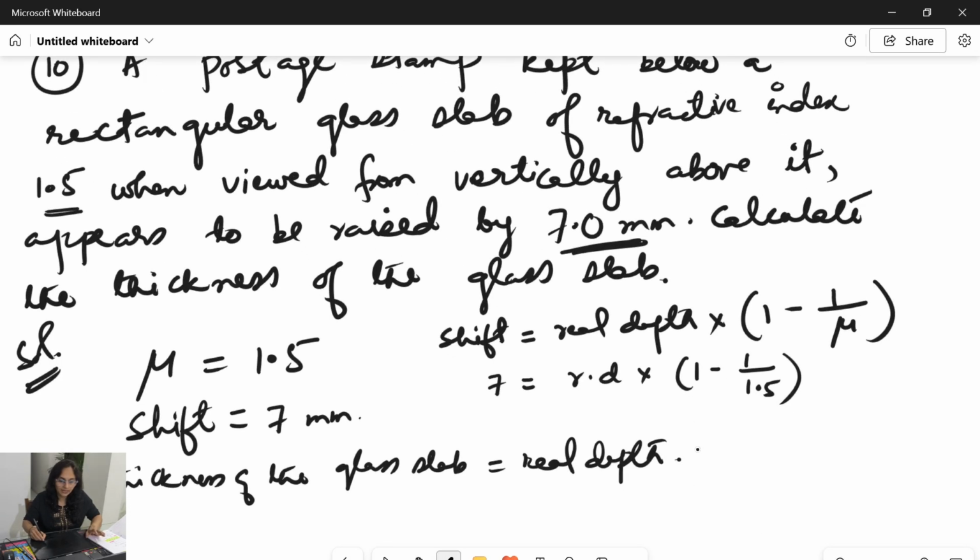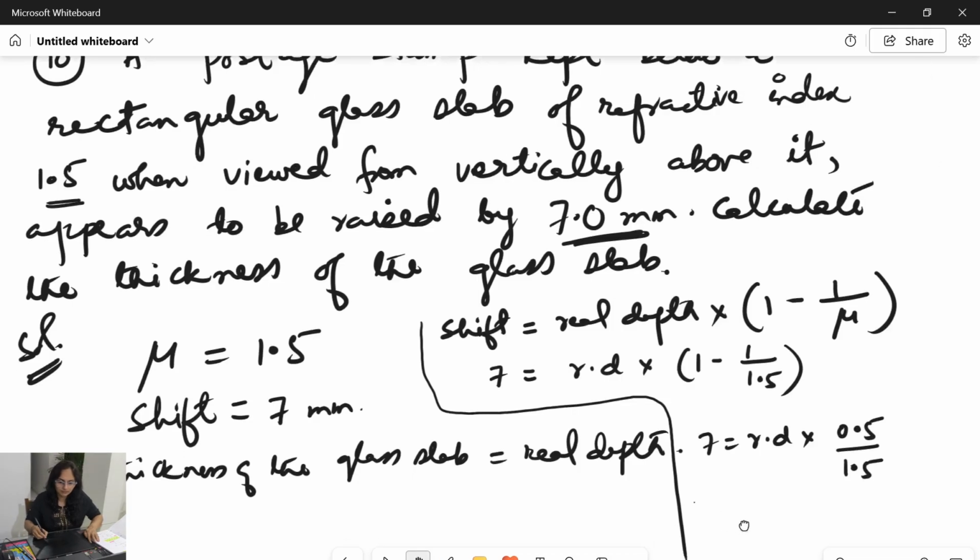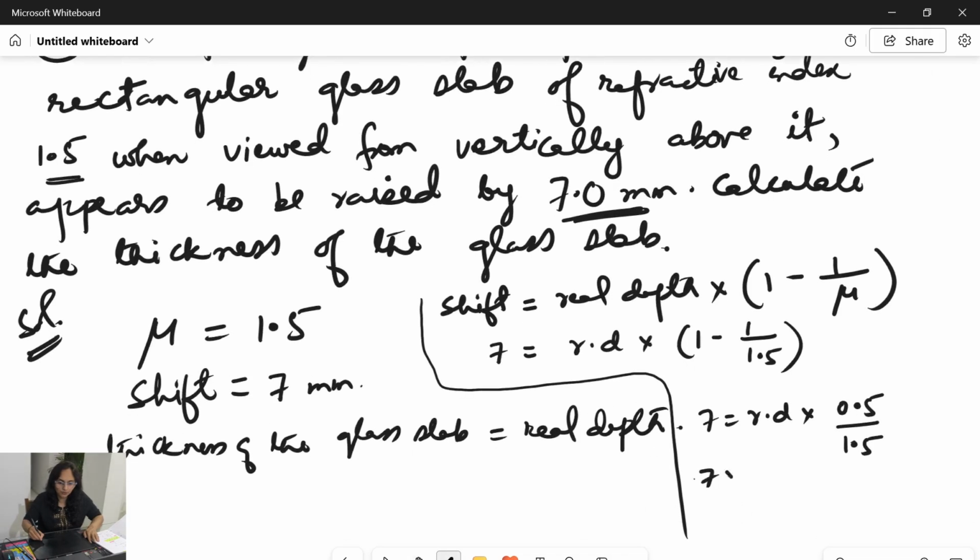So we can write 7 equals RD into 0.5 by 1.5, which will give us 7 into 15 upon 5 equals real depth. 5 3 times.